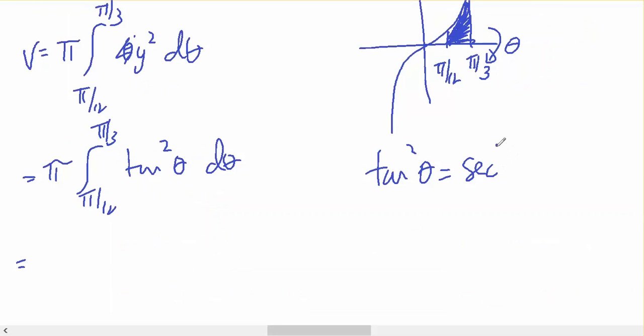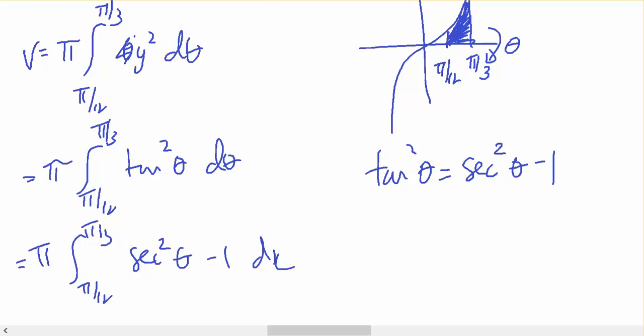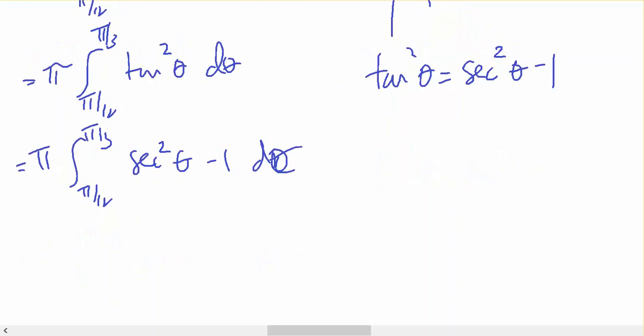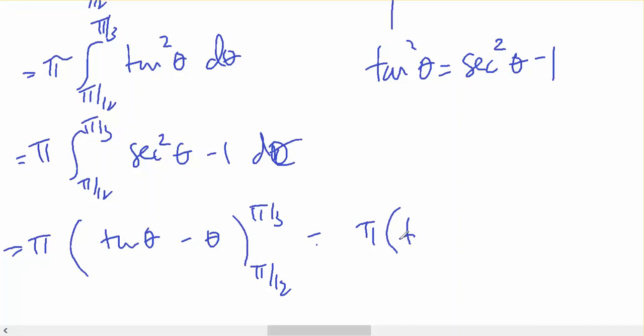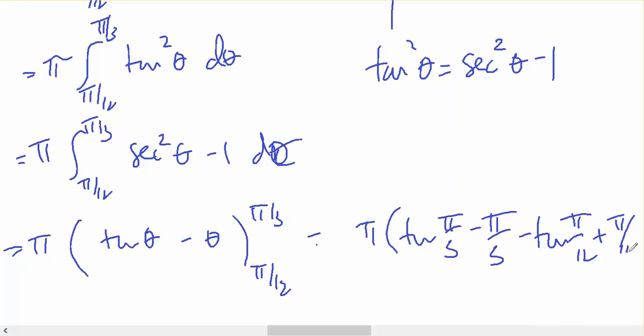So that's the integral from pi on 12 to pi on 3 of sec squared theta minus 1 d theta, which is equal to pi times tan theta minus theta from pi on 12 to pi on 3, tan of pi on 3 minus pi on 3 minus tan of pi on 12 plus pi on 12.